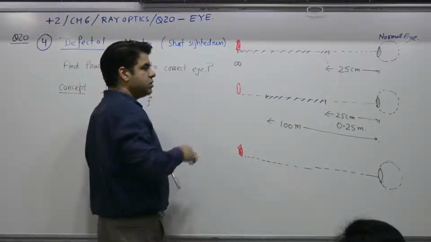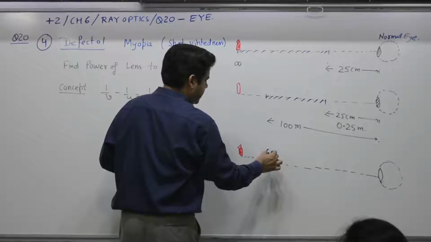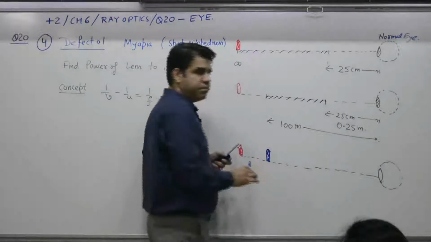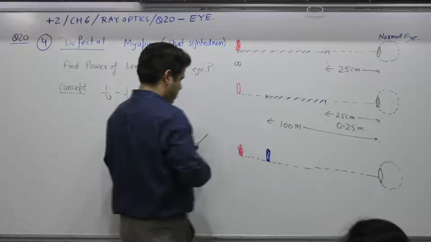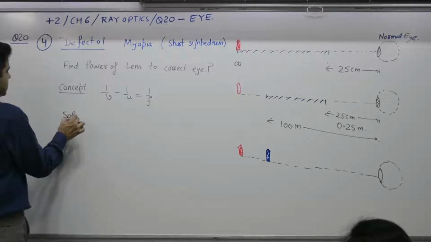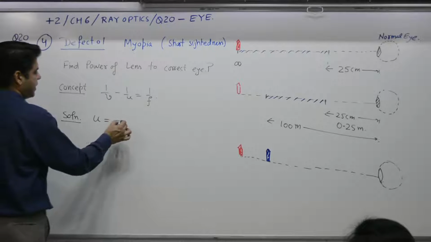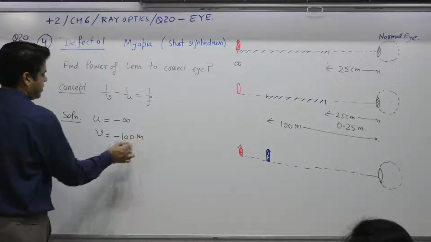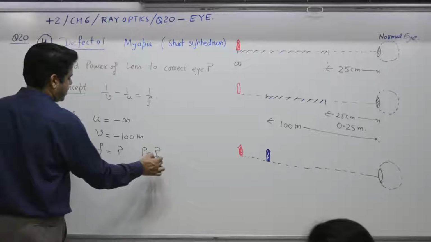You need to make such an arrangement, some lens here, such that the image, no doubt the image is formed on the retina, but as a method to solve numericals, the image shifts to this position. That means for this particular case, u is equal to what? Where is the object? Infinity. Where is the image? Minus 100 meter. You have to first find the focal length, then find the power. Do it.